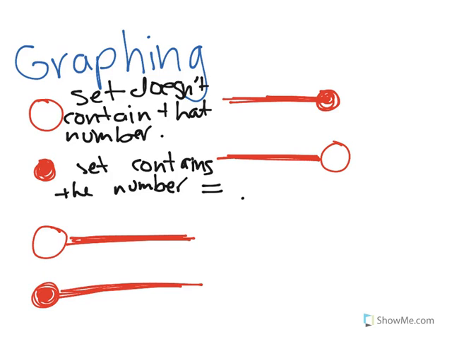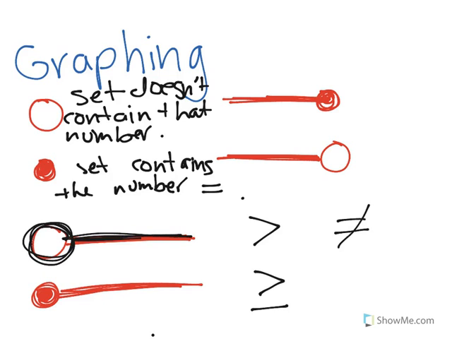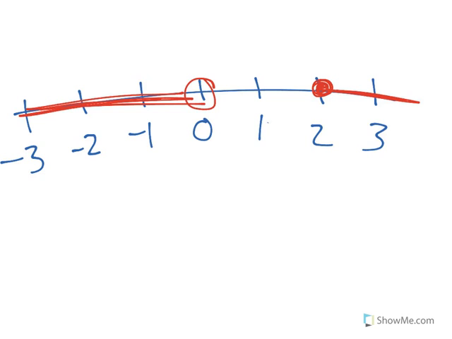This is thought of as just the greater than sign. The set does not contain this number, so it cannot be equal. However, it contains all the numbers to its right, and the numbers to the right are larger. So 1 is larger than 0, 2 is larger than 1.